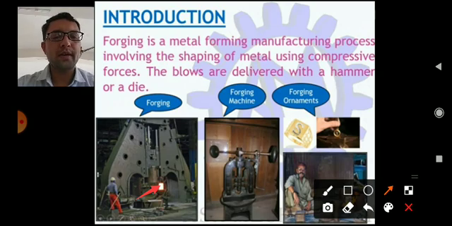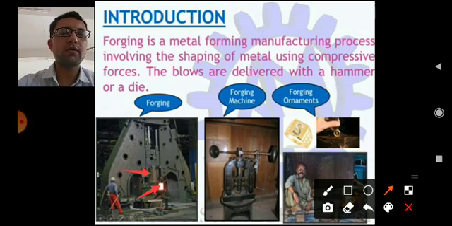We apply force with the help of a punch on this metal block, and because of the applied force the metal is deformed. That's simply called forging. So forging is a metal forming manufacturing process involving the shaping of metal using compressive force, and the blows are delivered with a hammer or die.